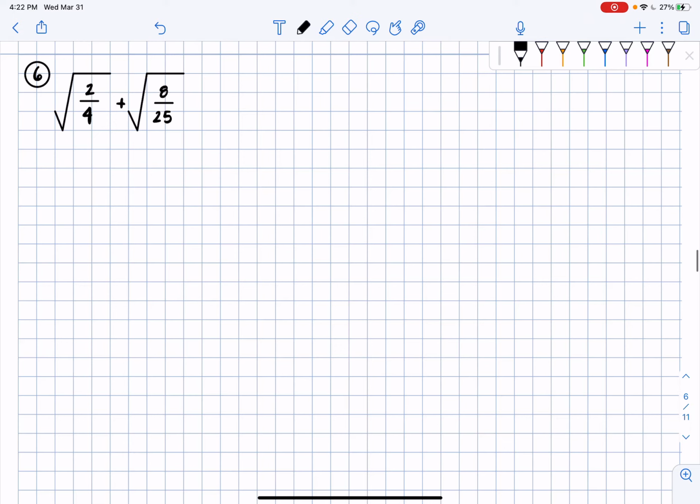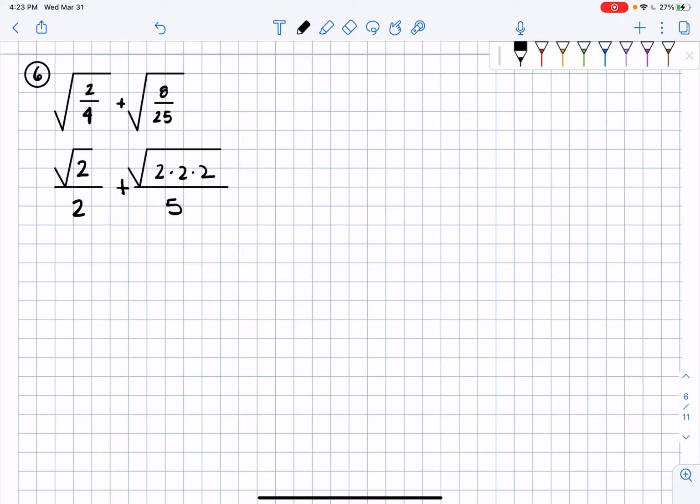So square root of 2 divided by square root of 4, which is just plain old 2, plus the square root of 8, which if you think about it, that's going to be 2 times 2 times 2. And square root of 25 is just a plain old 5.